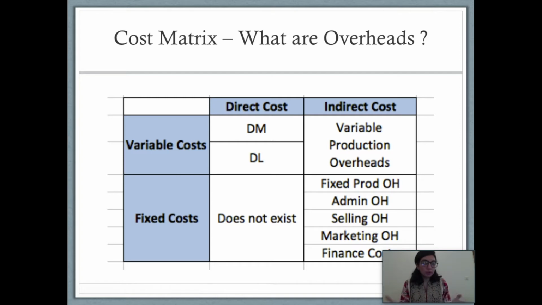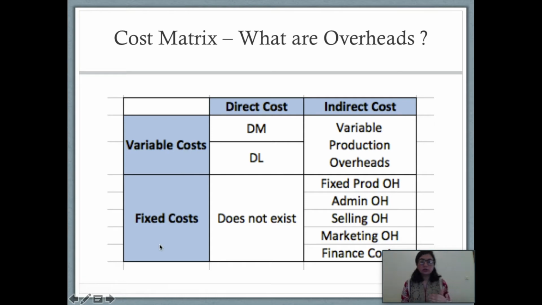If there is no production taking place, then their role has no purpose. So that is why they are variable production overheads. They are costs that are indirect to the production, but they still vary with and are directly linked to when the production is taking place.